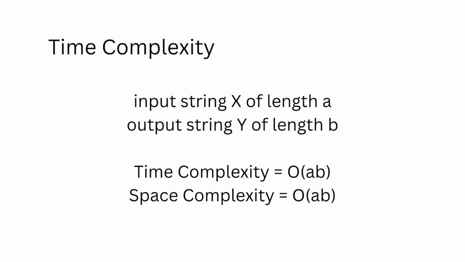And as we did earlier, we can see that the time complexity will depend on the length of input and output that we want, because we have to compute the values of the whole table, which is equal to A times B values. So the time complexity will be O of AB. And since we have to store every value in the table, the space complexity will be O of AB as well.